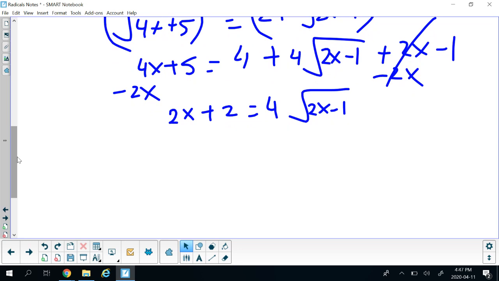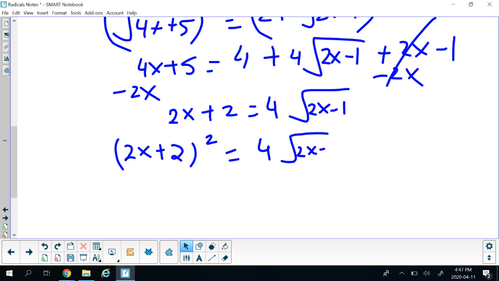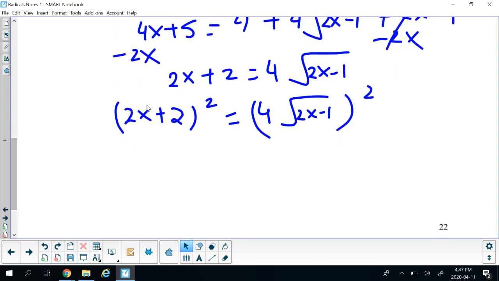Okay, so I'm going to square this again because I want to get rid of this radical sign. So again, squaring on both sides. So on the left side, again, write this twice and FOIL it, or just apply your a plus b whole square formula.